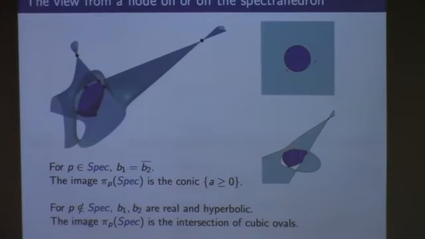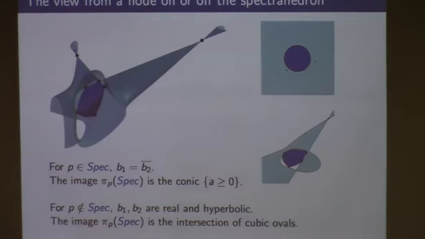Cubics that look like that. And in fact, there's a green oval and a red oval, and their intersection is the image of this spectrahedron through this projection. Intersection of the ovals.